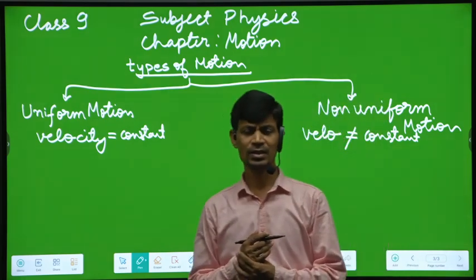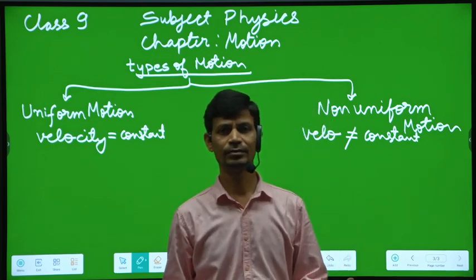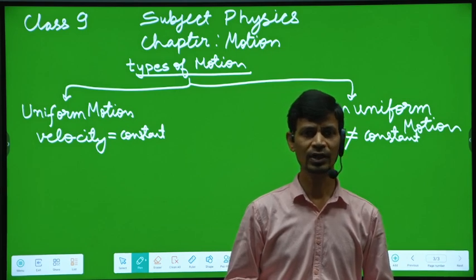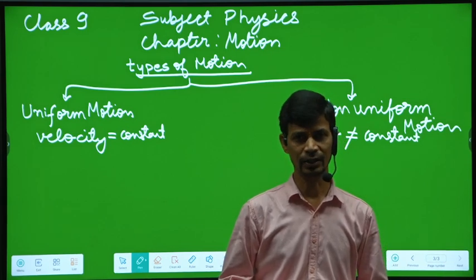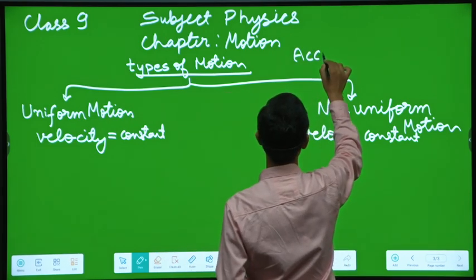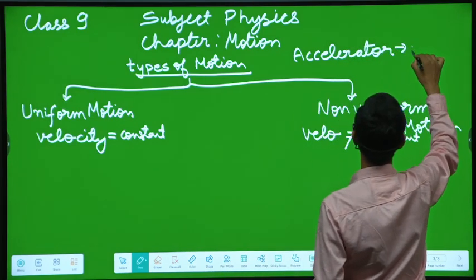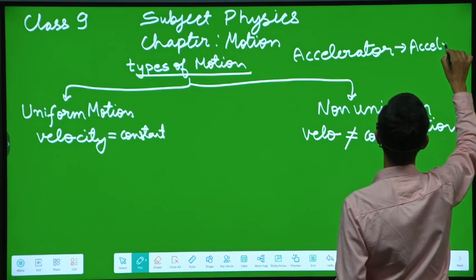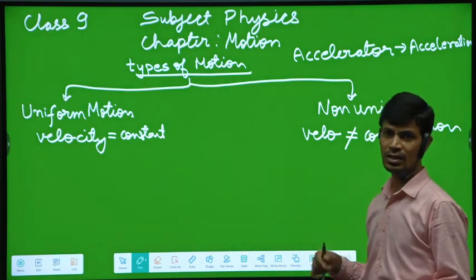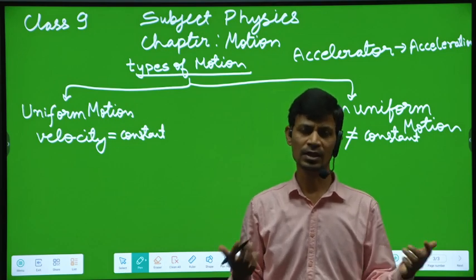In vehicles, there is a pedal, a component of the vehicle which is called the accelerator. What does an accelerator do? It does acceleration, which means increase in the speed.